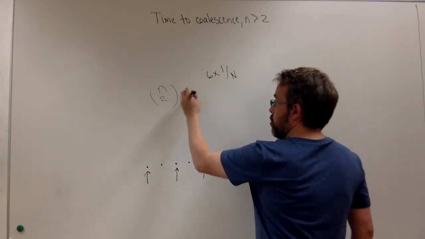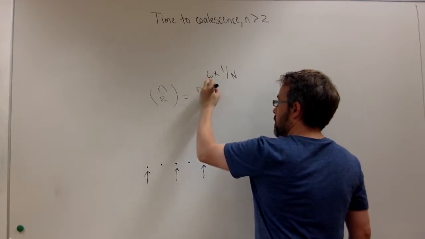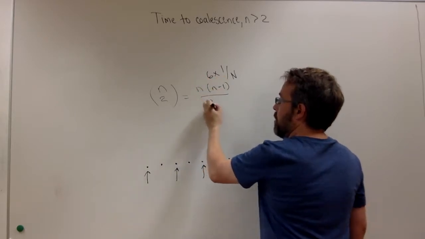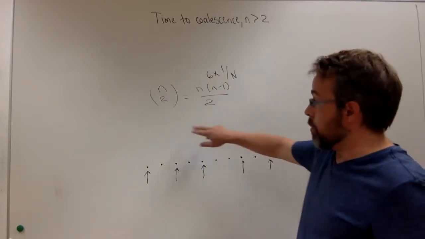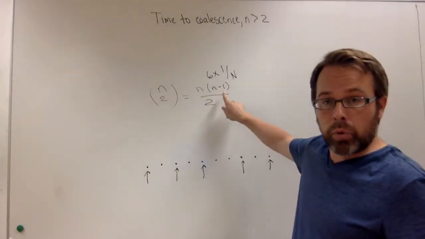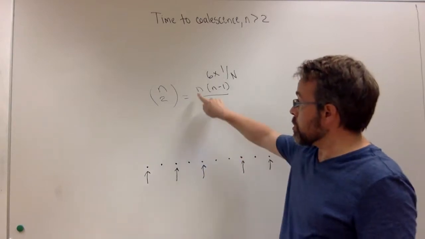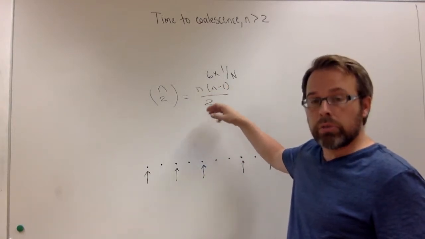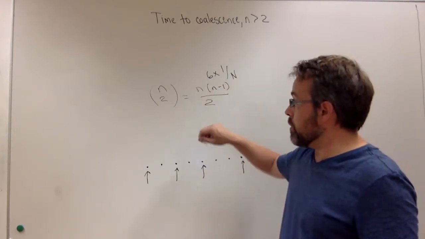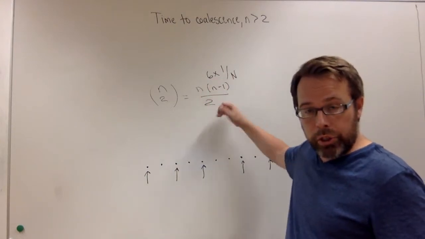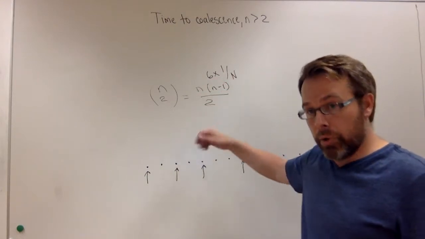And this is equal to n times n minus 1, divided by 2. So if there are 2 individuals, it's 2 times 1 over 2, so only 1 pair. If there are 3 individuals, it's 3 times 2 over 2, 3 pairs. If it's 4 individuals, it's 4 times 3 is 12 over 2, 6 pairs, which we just showed, and so forth.